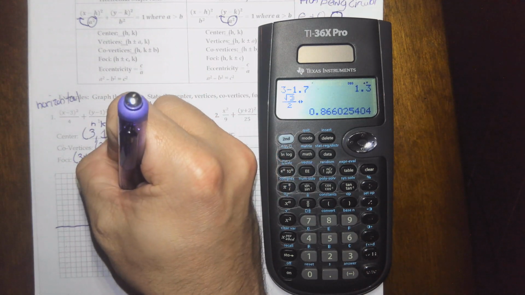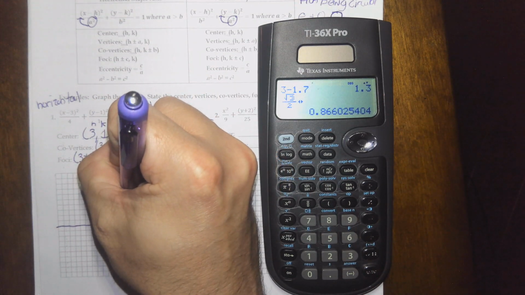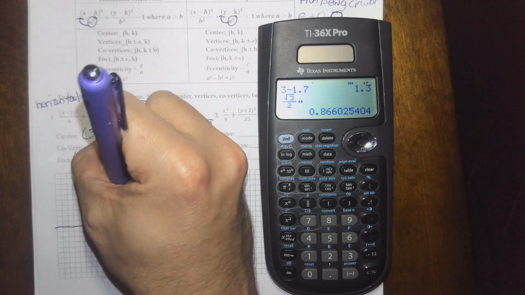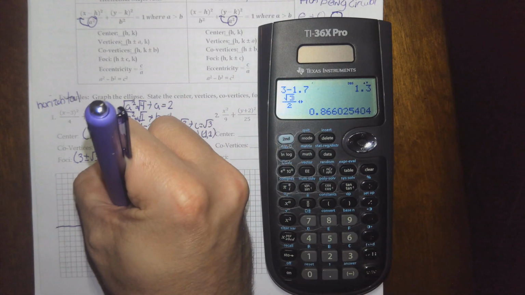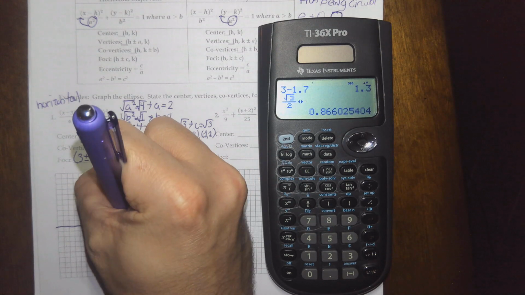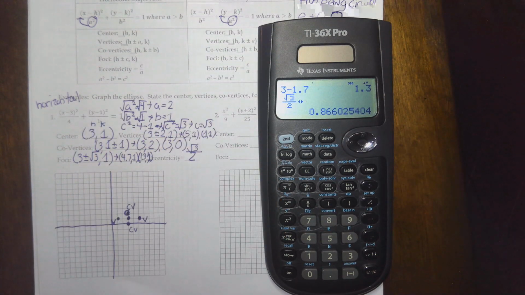I'm going to go up 1, write CV there, that's co-vertices, and then from the center go down 1. So how did I get the co-vertices again? I went up 1, down 1, because that's what we found B to be.